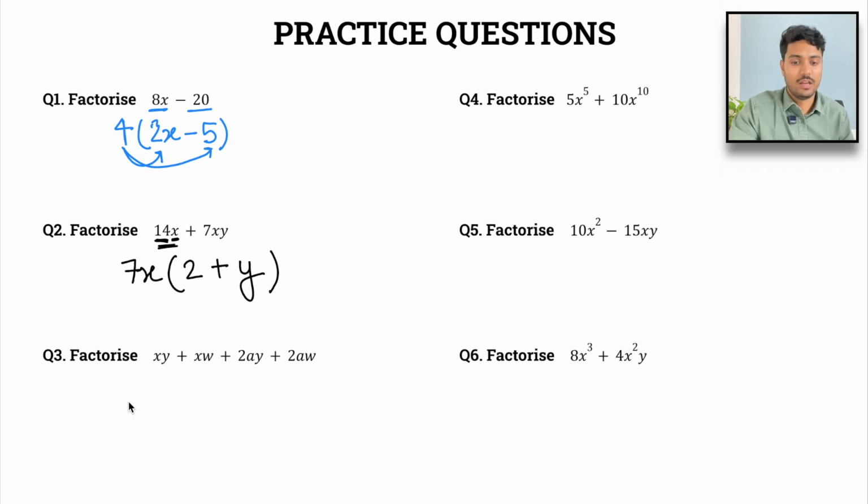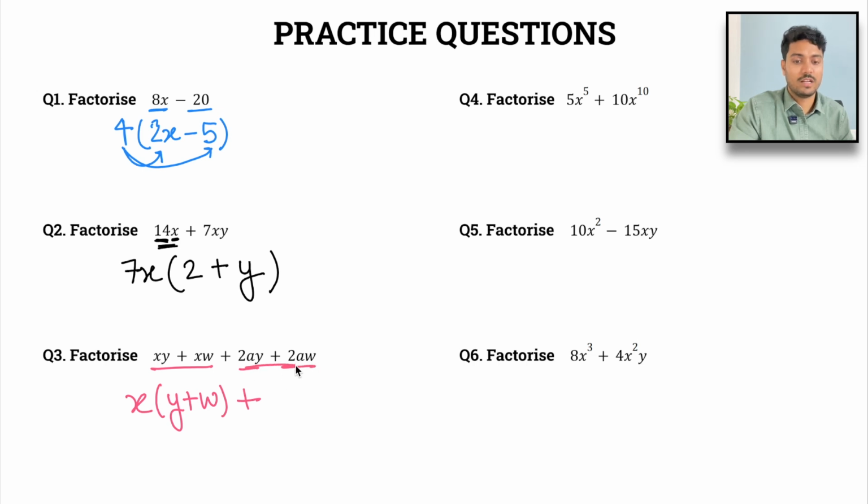Let's check question number 3. We have 4 terms here. It says factorize xy plus xw plus 2ay plus 2aw. So always bring the like terms together, and in this case we already have all the like terms together. We have xy plus xw. We can clearly see that x is repeated in both the terms. So we can take x common from the first 2 terms, and we can write y plus w, plus 2ay and 2aw.